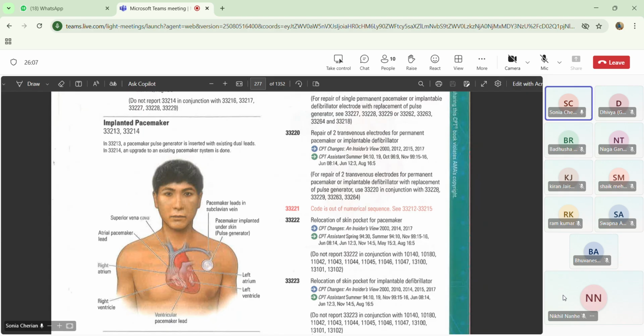We call it a revision. So these are the conditions we need to check for.